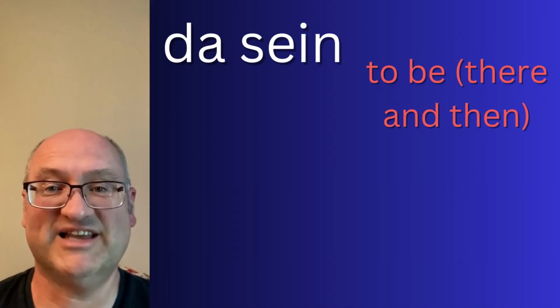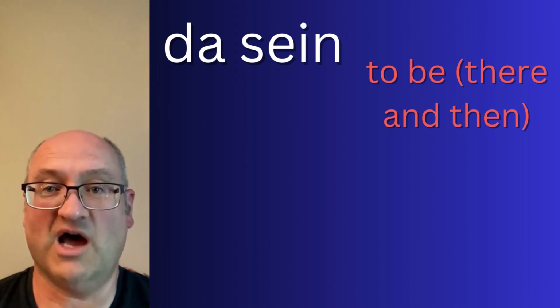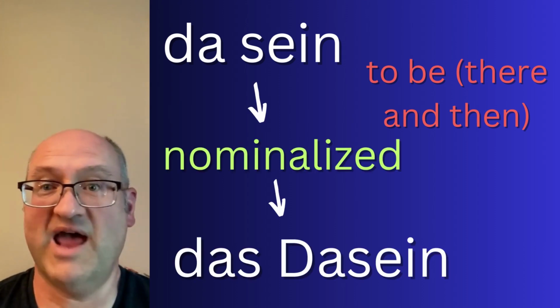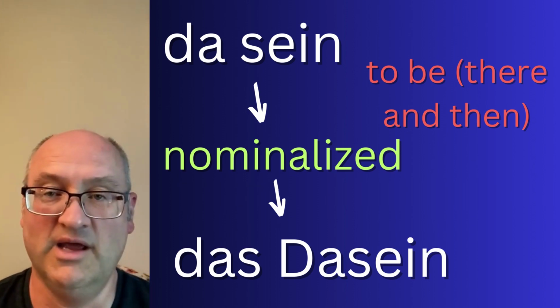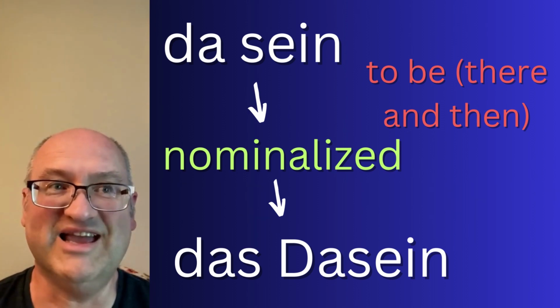philosophical concept in German philosophical history or background is a combination of "da" and "sein." And it's actually a nominalization of "da" and "sein," and it's a noun that's called "Dasein," "das Dasein." And it means really existence.